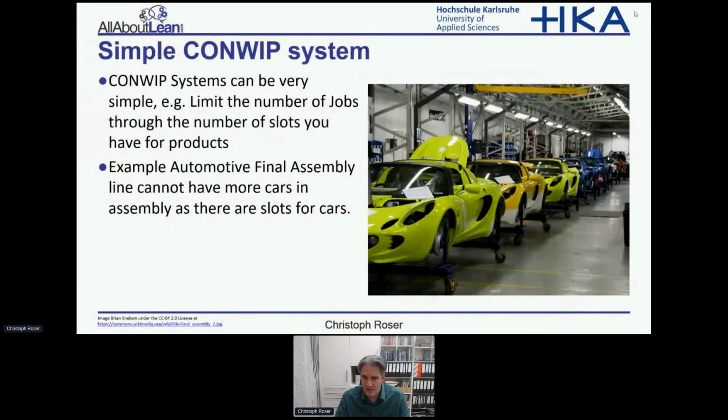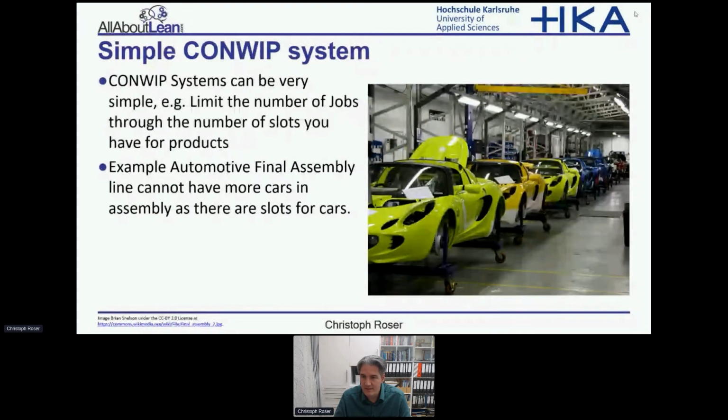You see cars in different colors, and they have little information on the windshield, which probably has many more details about what goes in and where. So it's very highly customized work, make to order, but the inventory is limited by the number of rollers. You can never have more cars in the assembly line than you have rollers.